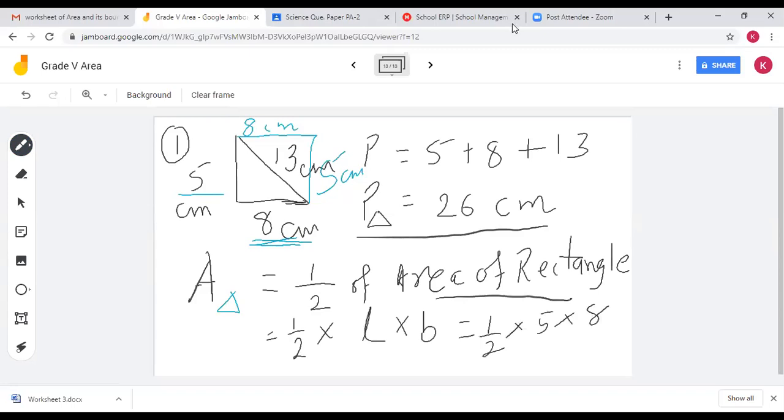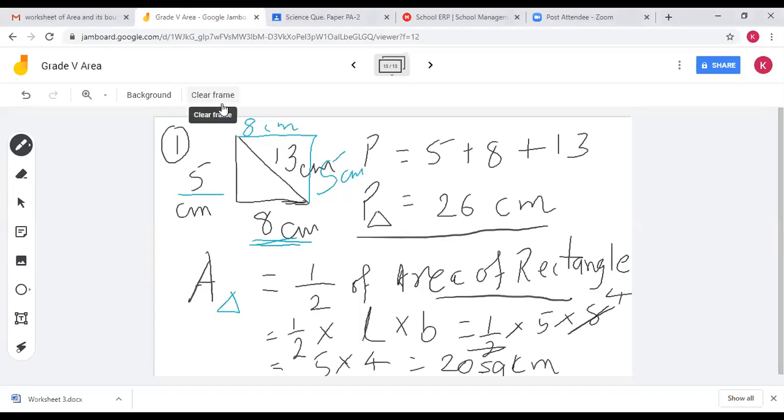We know that 2 ones are 2, 2 fours are 8. So 5 fours are, what is the answer? We have got 5 into 4, which is 20 square centimeters. Yes, it will be area of square. Very good, Jia, correct. But you have to do half because it's a triangle.